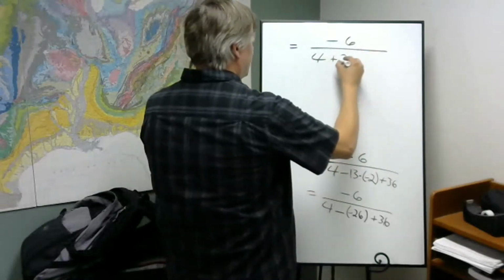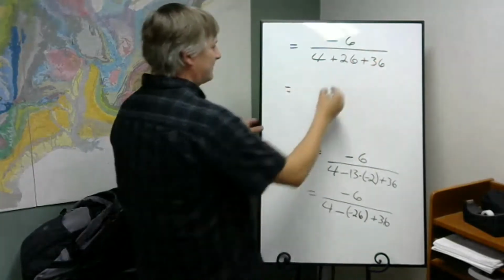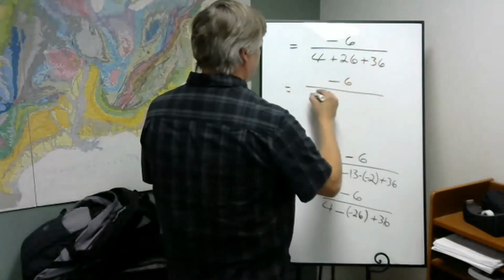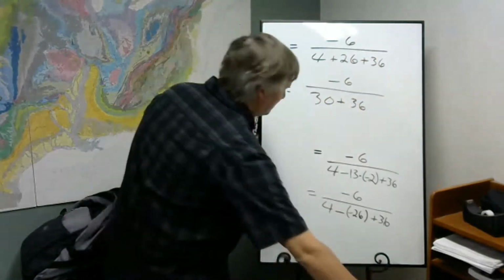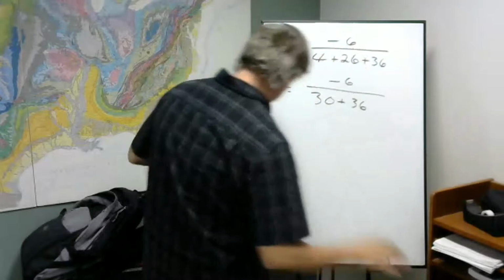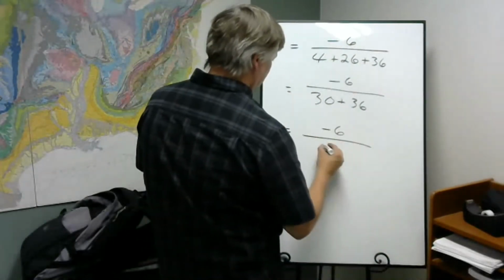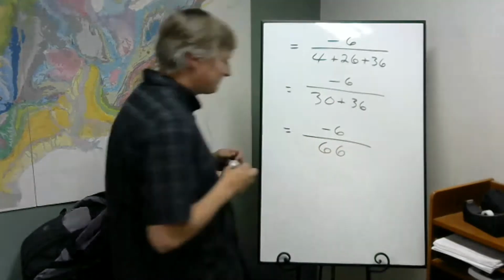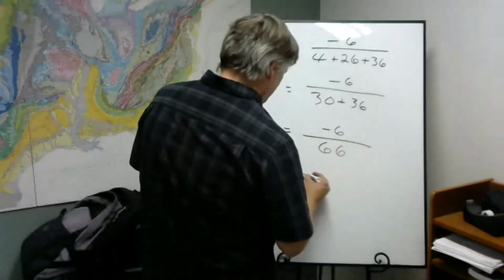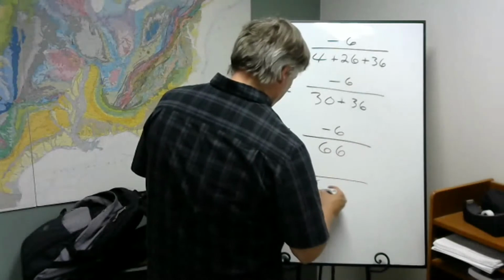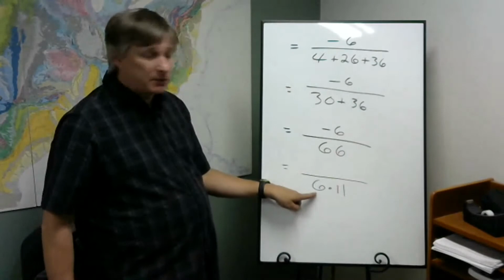So you get plus 26, plus 36, or 66. And we want to reduce this. So 66 turns out to be 6 times 11. Now we can break this into 2 times 3.